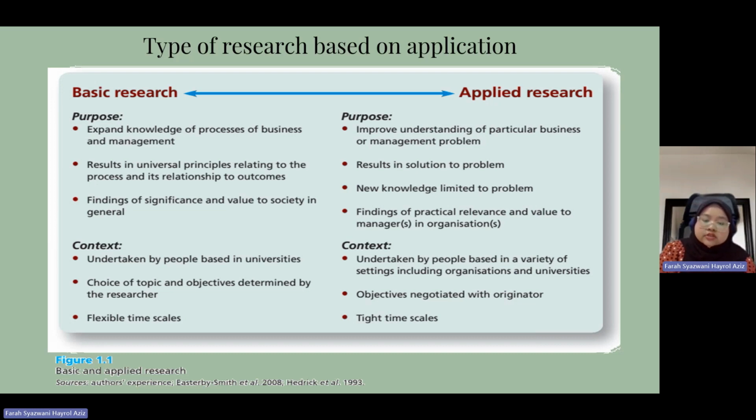The context here is that it is undertaken by people in a variety of settings, including organizations and also universities, and your objective can be negotiated with the originator. However, you will have a tighter time scale, with no flexibility as compared to basic research.